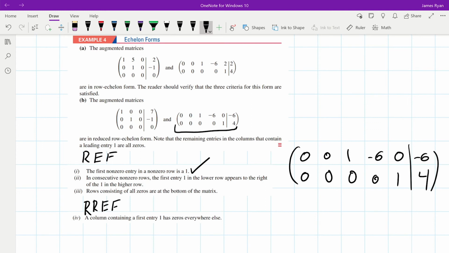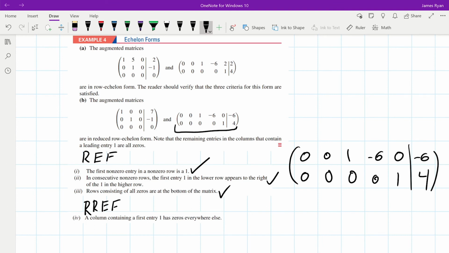We only have 2 rows again, and neither are 0, so this one does appear to the right of this one, and so we satisfy the second criteria. And rows consisting of all zeros are at the bottom of the matrix. We don't have any rows consisting of all zeros, and so we satisfy this criteria.